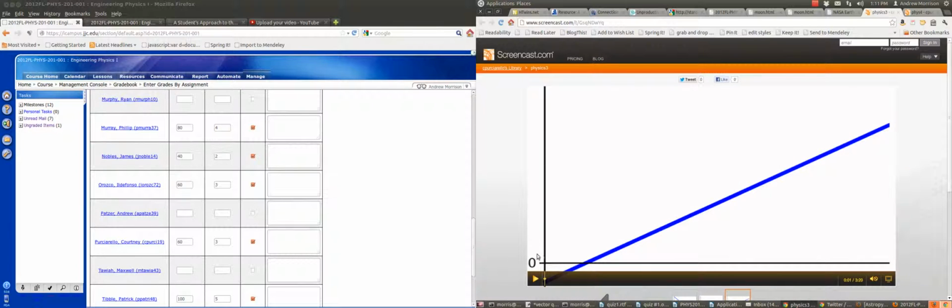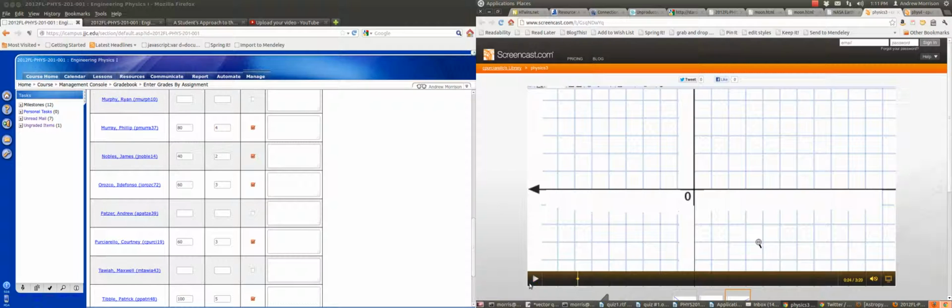For example, for the position versus time, this vertical axis is the position and the horizontal axis is the time. So at the start, at t equal to 0, the object, in your case the mouse cursor, was in a negative position. But when you were showing this, you showed it starting at 0.